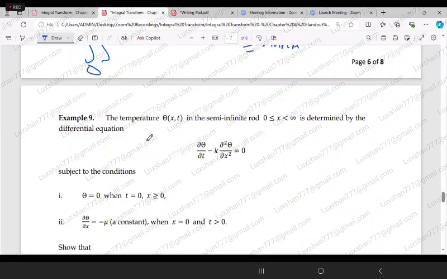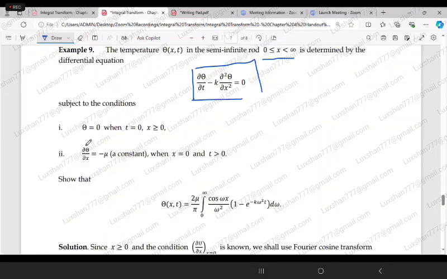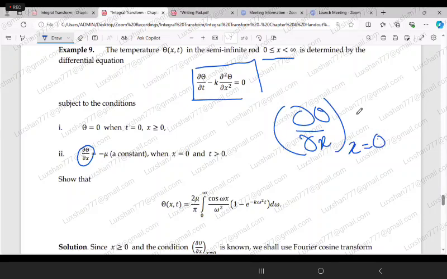Next question is the first order derivative. Look at the variable. Variable is 0 to infinity. And look at the initial condition. We are given the partial derivative of theta with respect to x when x equals 0 is known.